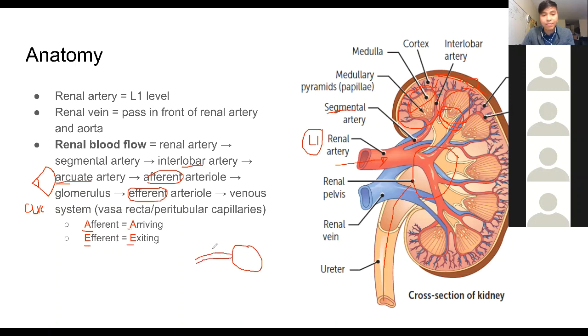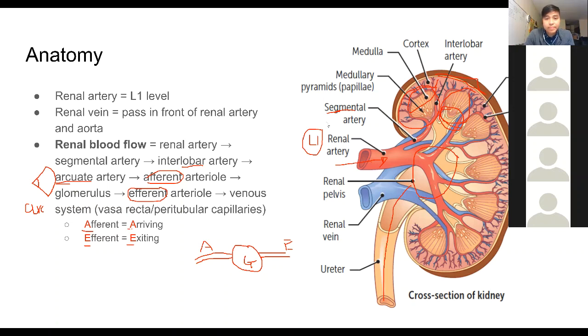So this is the afferent, and then it filters the blood out, and then it exits the glomerulus. Then we call this the efferent. Okay, so this venous system then goes through the vasa recta and the peritubular capillaries, which you probably don't need to know about, but what you need to know is the afferent goes into the glomerulus, and leaving the glomerulus is the efferent.